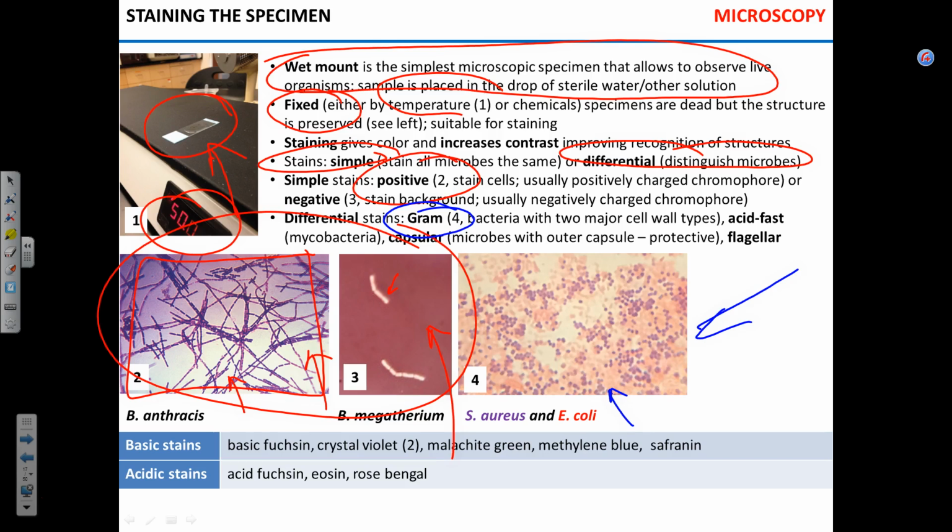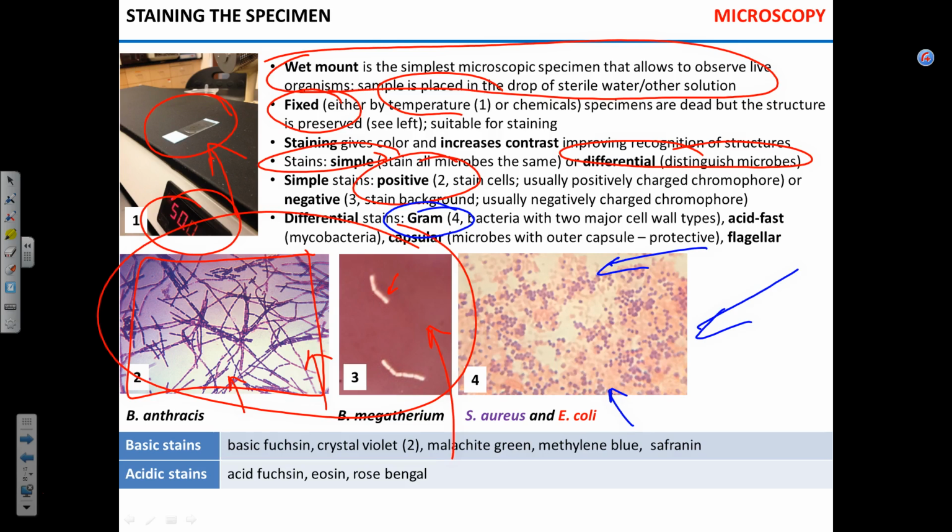The red rods, the quality of the micrograph does not let us appreciate that they are rods, but trust me, they are. It's E. coli, gram-negative. So you have some bacteria that appear blue to the Gram stain, and some bacteria that appear red under the Gram stain.